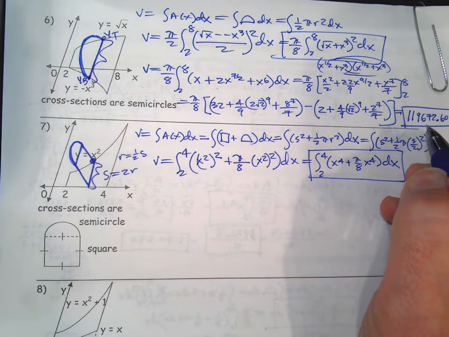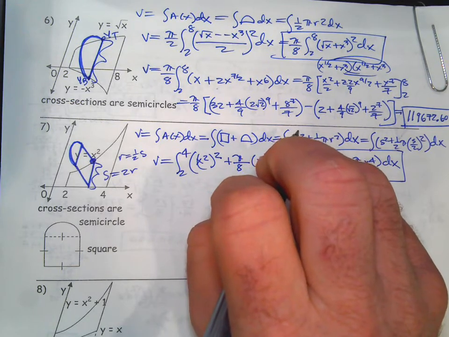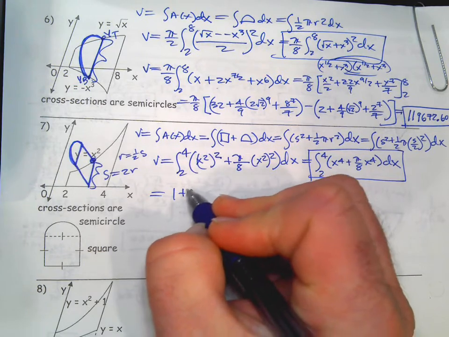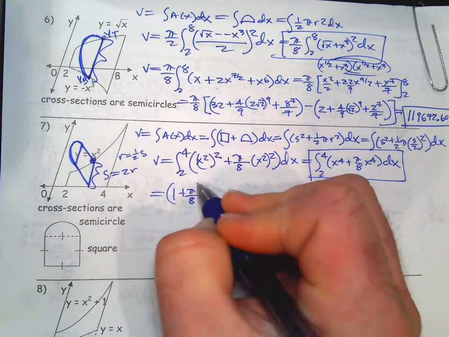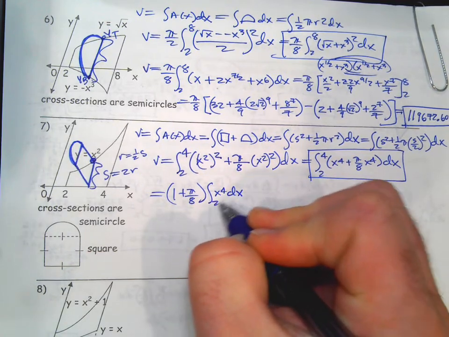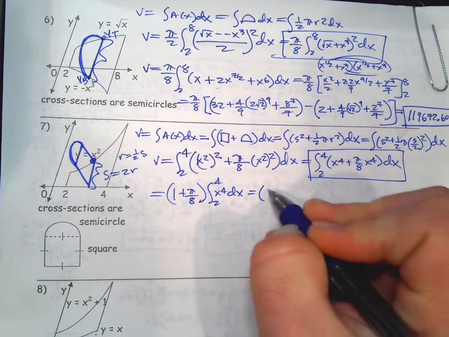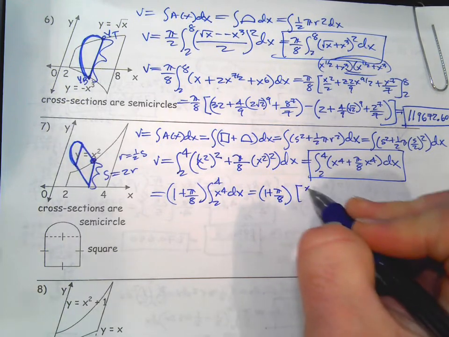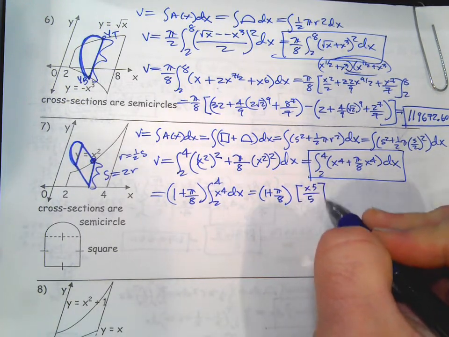If you do it by hand, what we could do is factor the 1 plus pi over 8 out and do it like this. Cuts down on the terms. So the antiderivative is going to be x to the 5th over 5, 2 to 4.